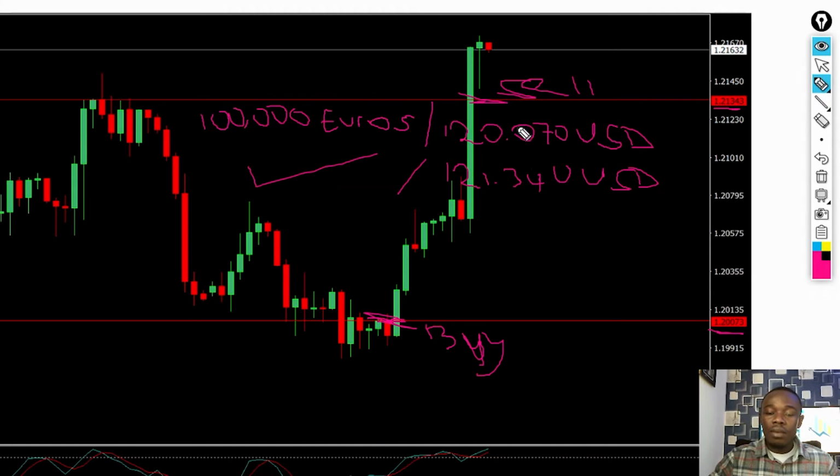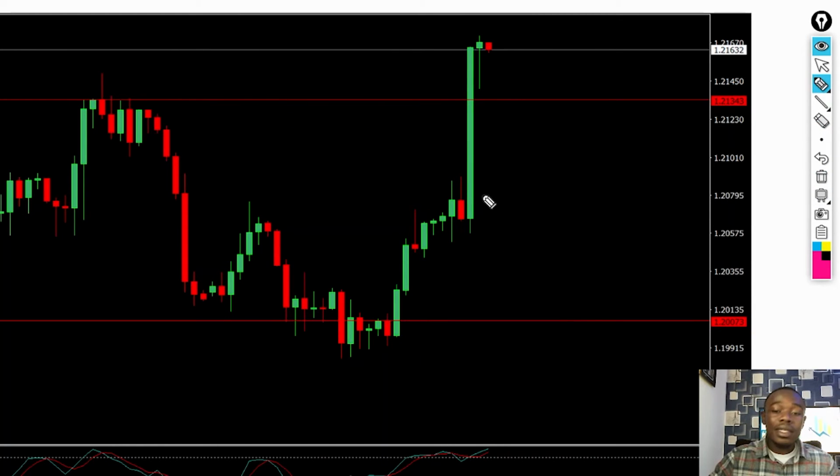So if you do the subtraction, we are going to get 1,270 USD. So this is how we make profit going up. So going up simply means we are buying at low.